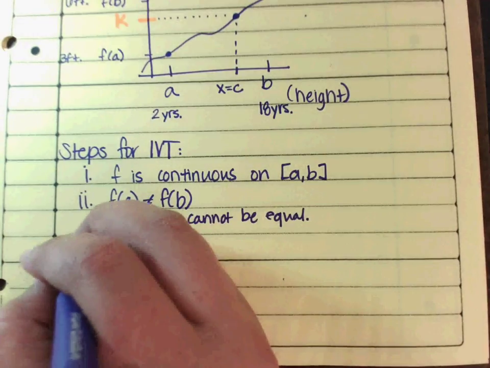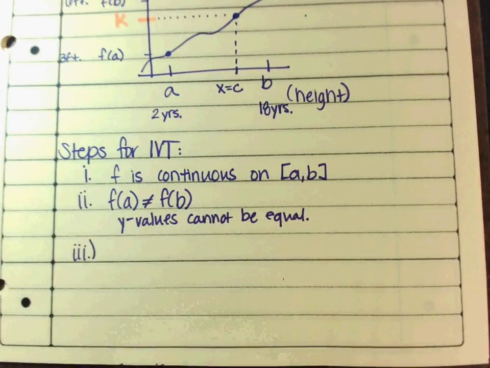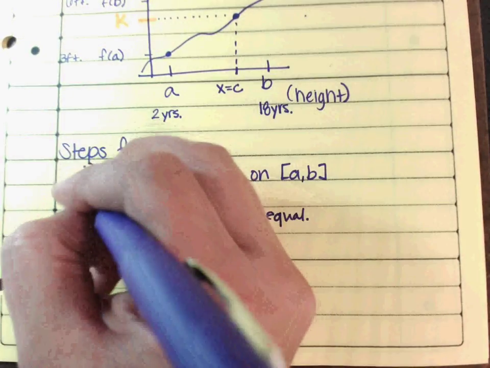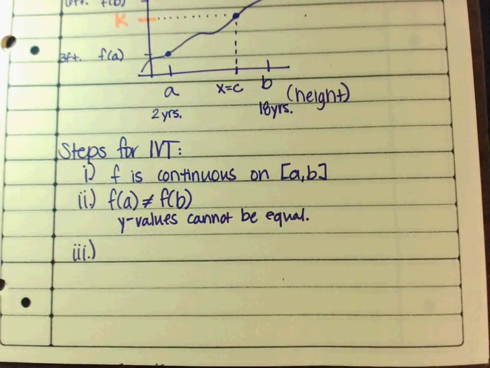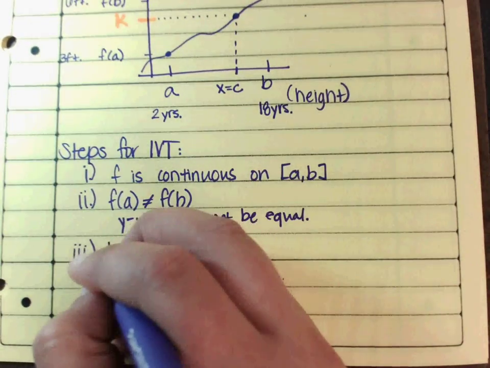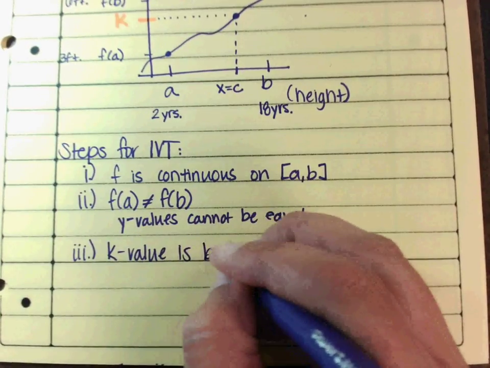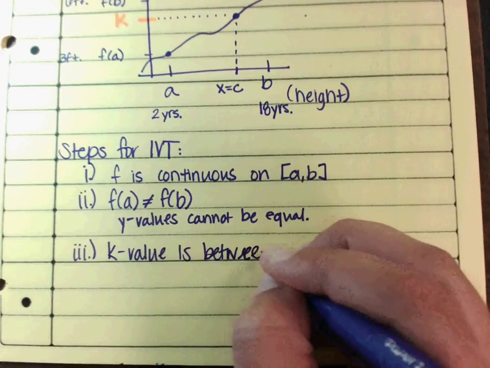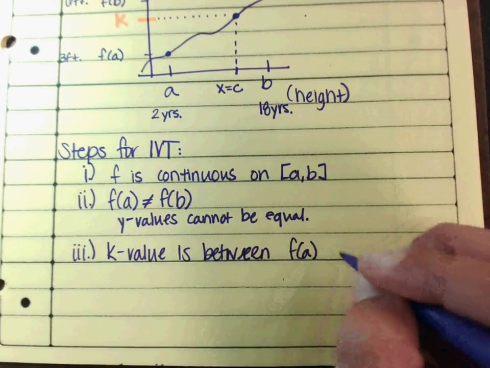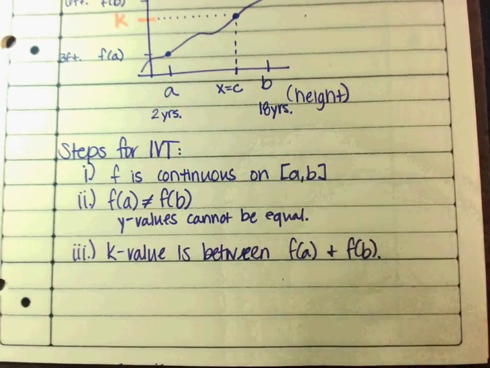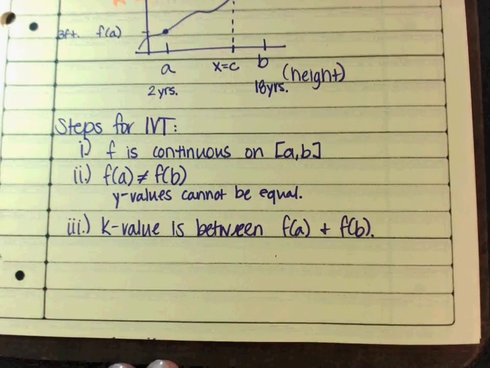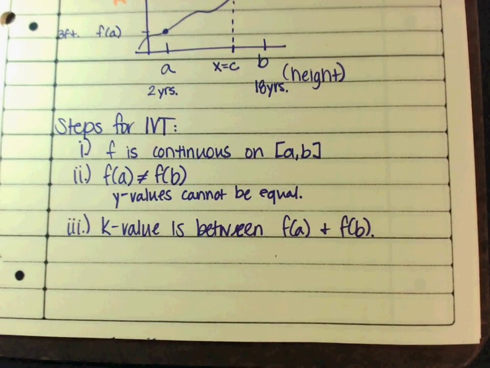Now, the third thing is that the k value that I want has to be where? Between them. Very good. So I'm going to put my k value is between f of A and f of B. So the k value is between f of A and f of B. Then I'm going to write the conclusion again.